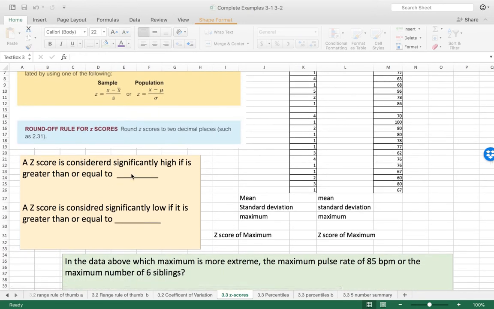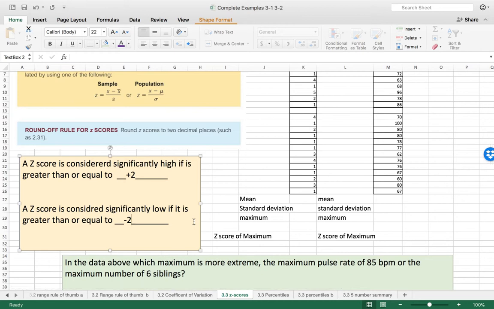Z-scores are considered significantly high if they are greater than or equal to +2. And z-scores are considered significantly low if they're less than or equal to -2. So negative z-scores are always less than the mean, and positive z-scores are greater than the mean.